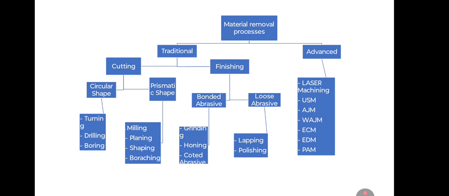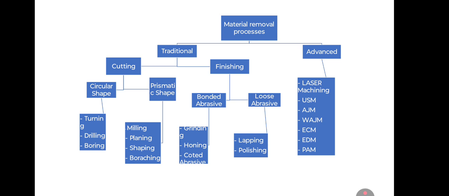So in what terms do these two actually differ? In traditional machining operations, the metal cutting tool is in direct contact with the workpiece, and the cutting tool is forcing the workpiece. Force is applied through the cutting tool on the workpiece through direct contact, whereas in non-traditional machining processes, the cutting tool or the source of cutting will not be in direct contact with the workpiece.